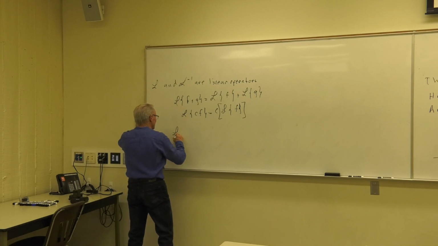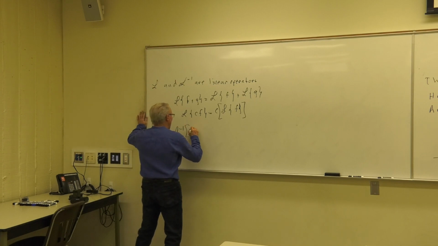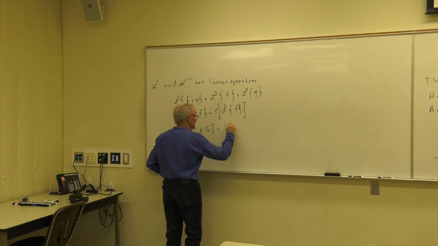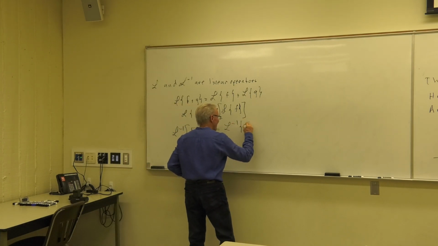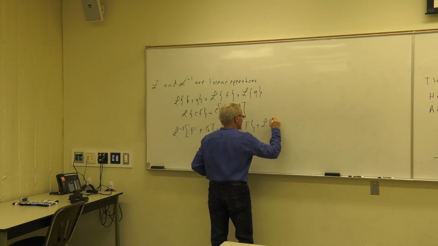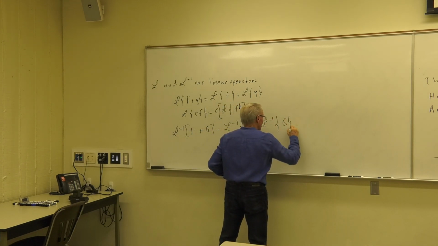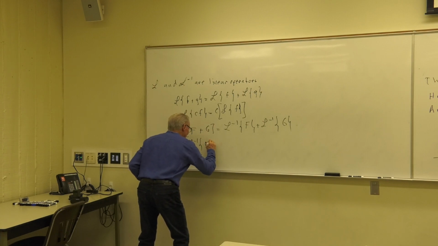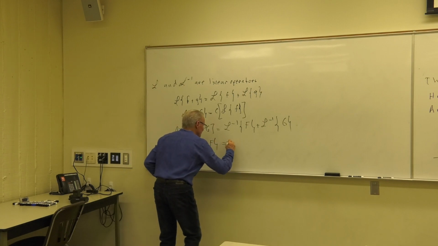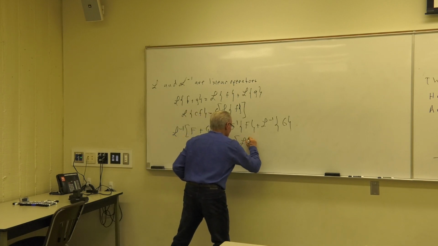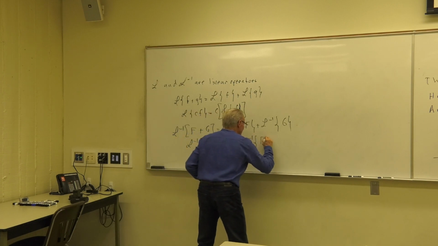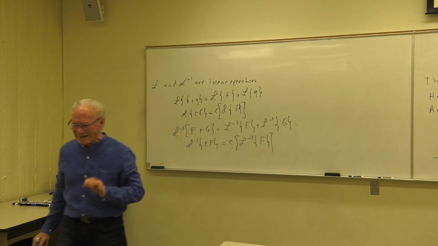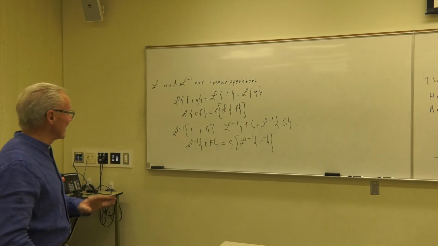For the inverse transform, we'd have the inverse transform of F of s plus G of s, let's just call them F and G, would be the inverse transform of F plus the inverse transform of G. And finally, the inverse transform of cF would be equal to c times the inverse transform of F. Those are properties for linear operators back in chapter 15.